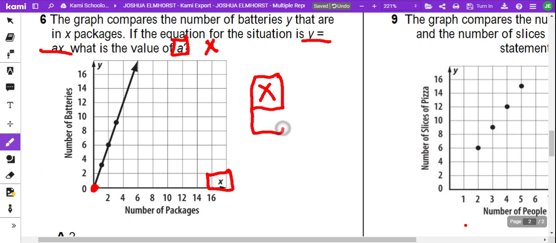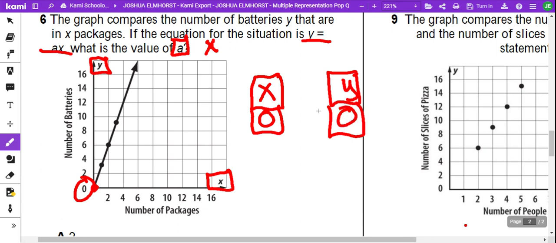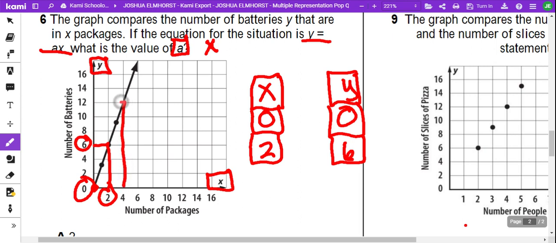X is 0, and then y is also 0. And we have 2, 6, x is 2, y is 6, and then 4, 12.